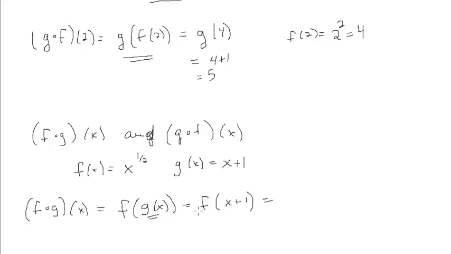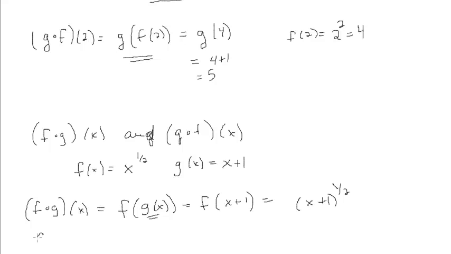Okay, so now this looks like something we did in previous sections. f of x plus 1 means I go to the f function and I replace x with x plus 1. So in place of x, x plus 1, and then that's to the 1/2 power. So f of g of x is x plus 1 to the 1/2.